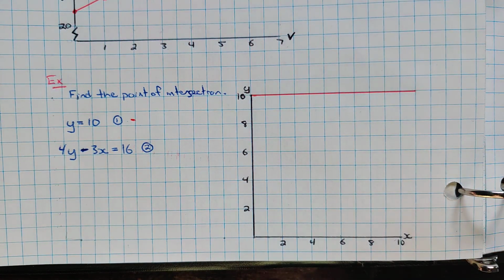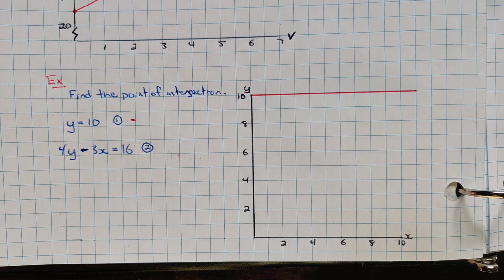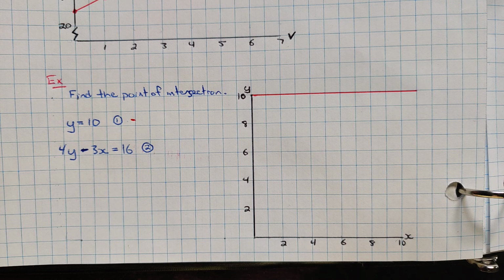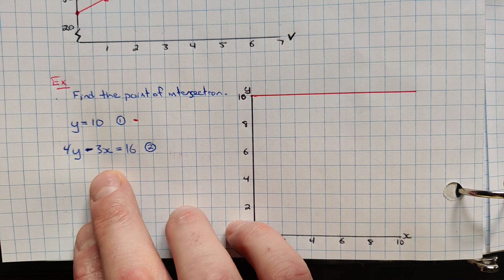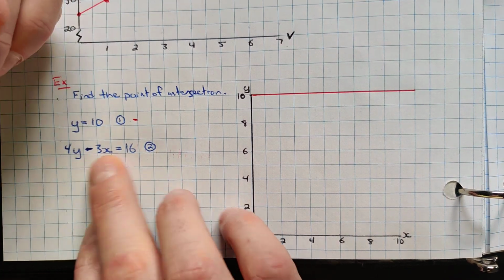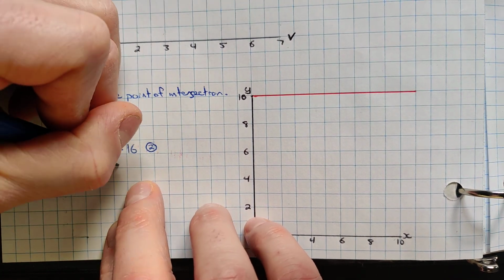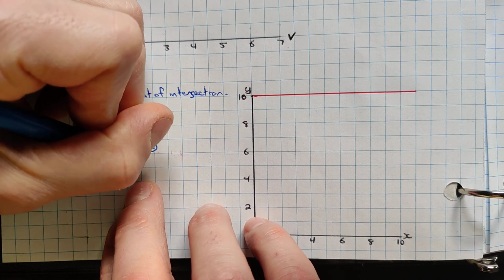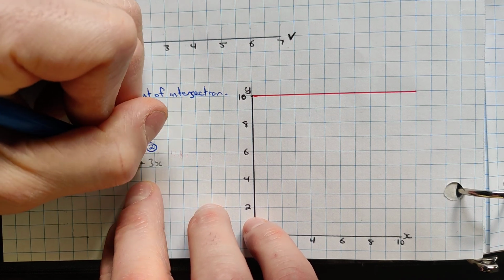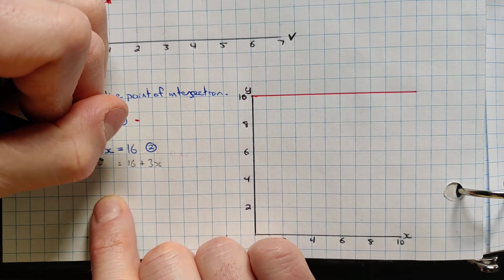And then I'm going to graph this next one. Now this next one is in a standard form, which isn't as useful. So we need to actually do some calculations here to figure out the slope y-intercept to make it a little more useful for graphing. So I'll rearrange it here. I'm going to move the -3 over to the other side. That's going to become +3.